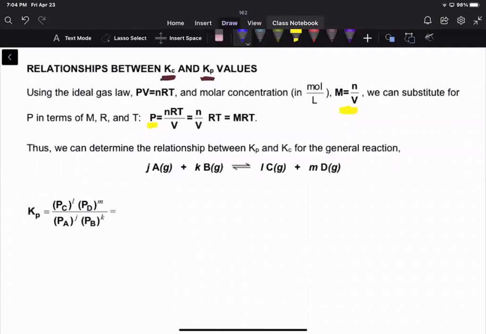So wherever there's a pressure, we can, well, here's our n over V, there's our molarity. But we get this factor of RT.